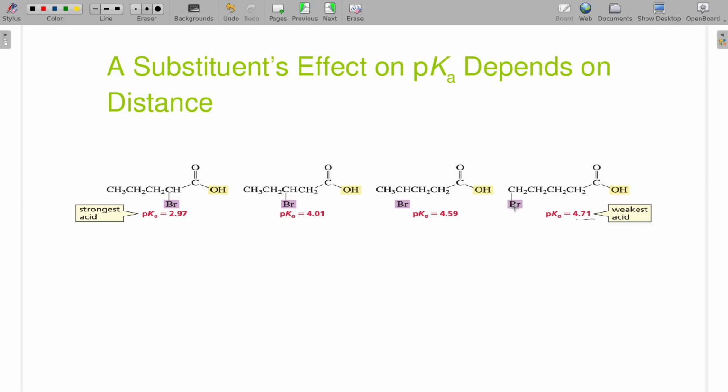And that's going to happen whether it's bromine, chlorine, or fluorine. It's just far enough out that its withdrawing effect is minimized. But if I move it closer and closer and closer, we see the pKa's drop and drop and drop. That withdrawing effect is much more effective the closer the electronegative atom is.